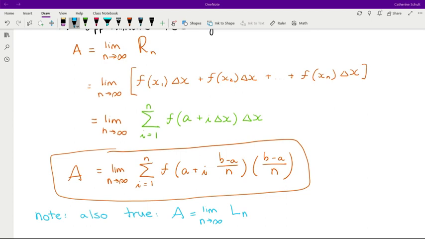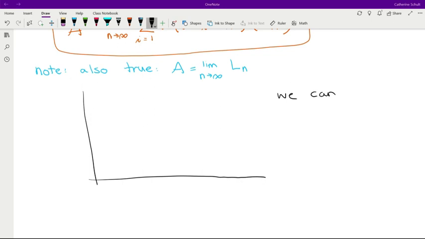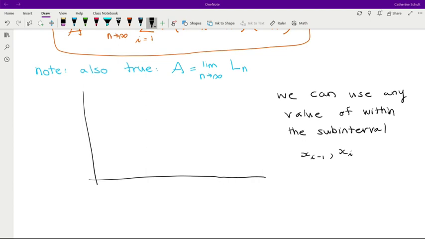Okay, and in general, just to be clear, and I stated it a little bit at the beginning, we can use any height of the rectangle. So we can use any value of f within the sub-interval. All right, so we're still assuming equal widths, okay?